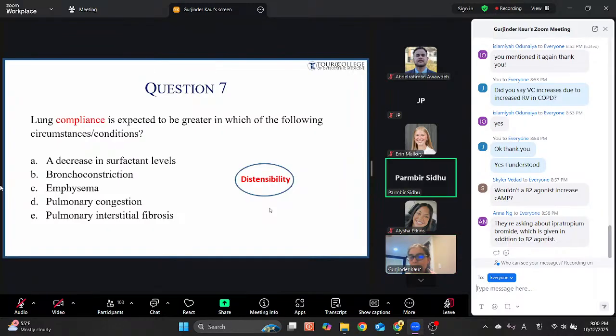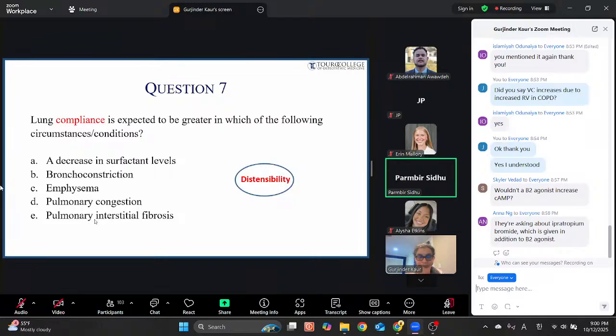May I? Yeah, please, Parmdeep, go ahead. So I was able to knock out E right off the bat because fibrosis is a restrictive disease. Pulmonary congestion did not really make sense.